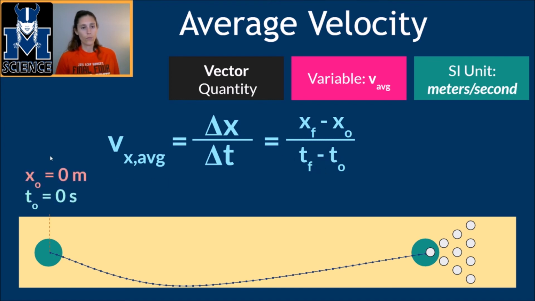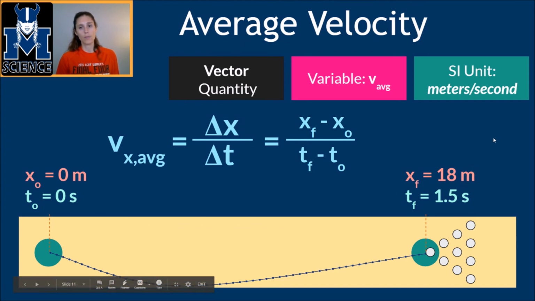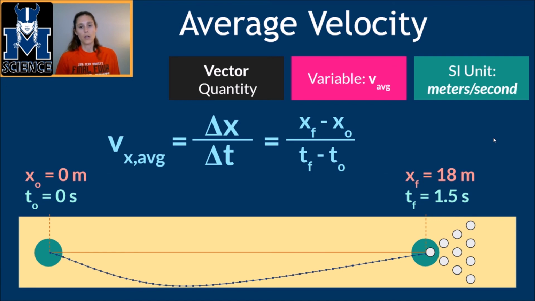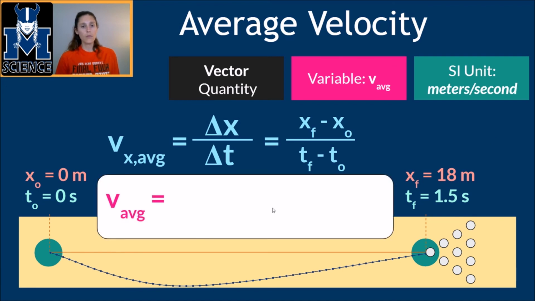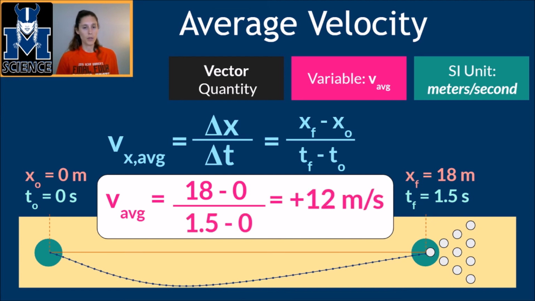Using the same example, at time equals 0 seconds we're at a position of 0 meters. At time equals 1.5 seconds, the bowling ball is now 18 meters to the right in our reference frame, which is the positive direction. So our average velocity is 18 minus 0 over 1.5 minus 0, and we get positive 12 meters per second.